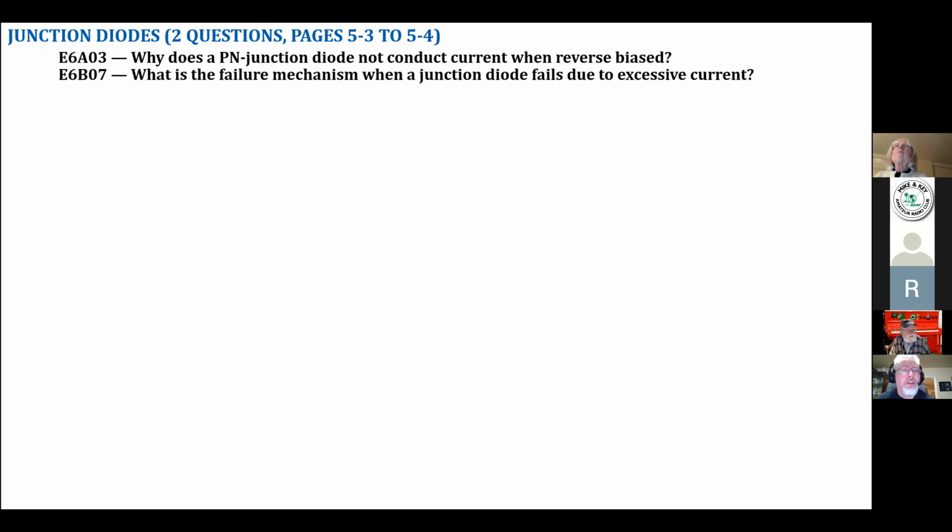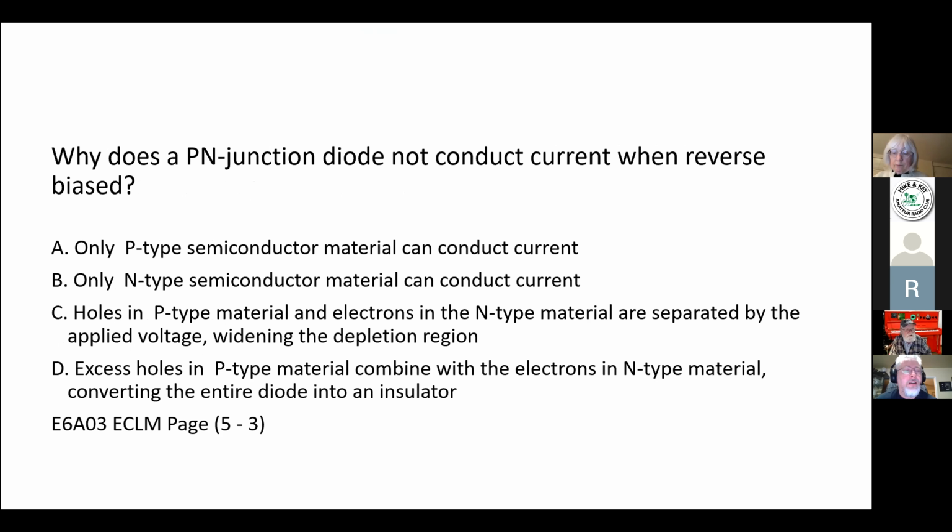And we'll cover junction diodes. Why does a PN junction diode not conduct current when reverse biased? A, only P-type semiconductor materials can conduct current. B, only N-type semiconductor material conduct current.